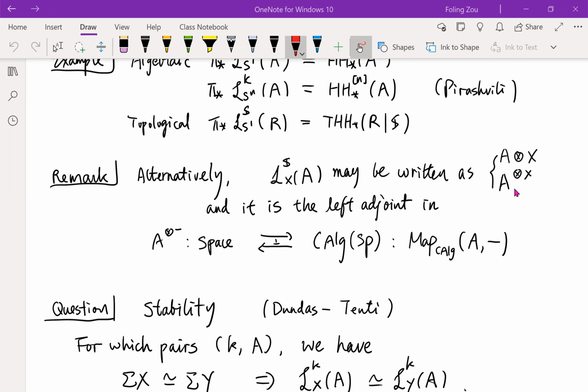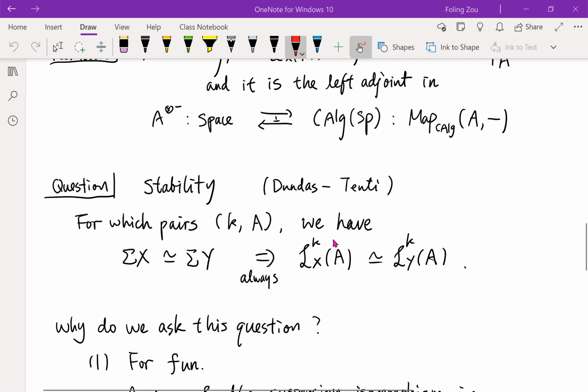And in the second notation, we are thinking of this construction as the left adjoint in the following adjoint pair of functors. So A tensor X is left adjoint to maps out of A. And we will use this adjunction later in our proof.